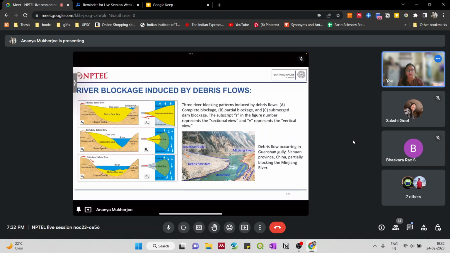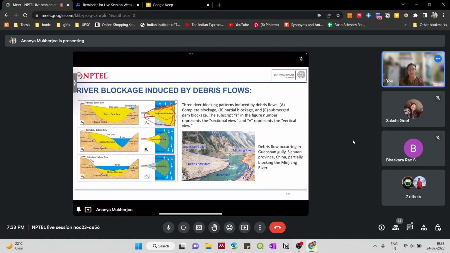There is debris over here, and it will obstruct the flow of the river. Then you could have a tributary. These are different kinds of flow. First is the complete blockage. Because of this debris flow there is complete blockage over here, and it has formed a lake.